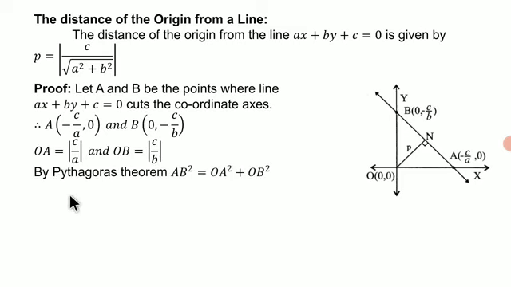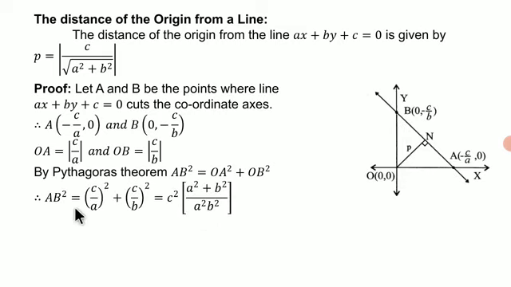By using the Pythagoras theorem in triangle OAB, we get AB square is equal to OA square plus OB square. Substituting the values, AB square is (c upon a) square plus (c upon b) square, that means c square upon a square plus c square upon b square.